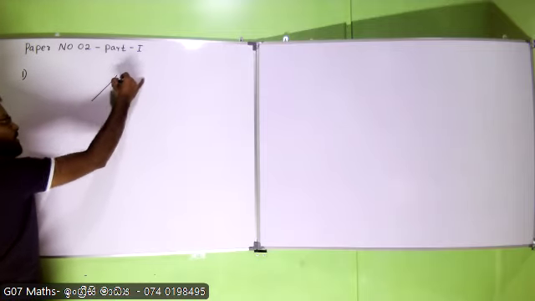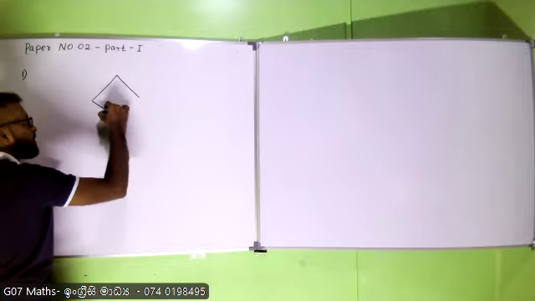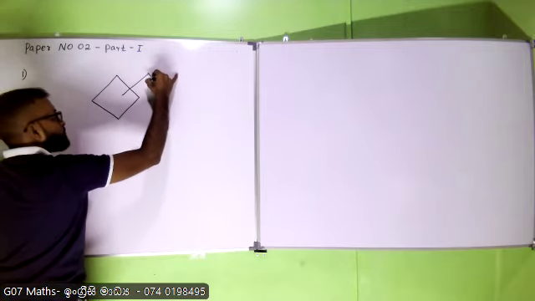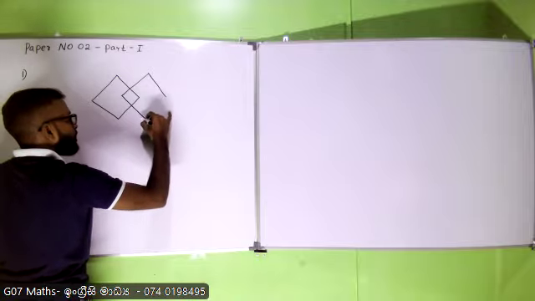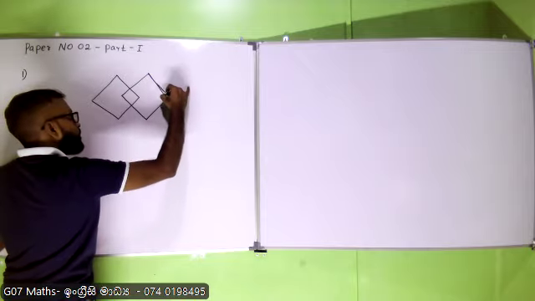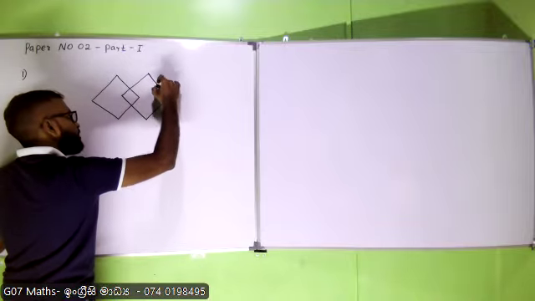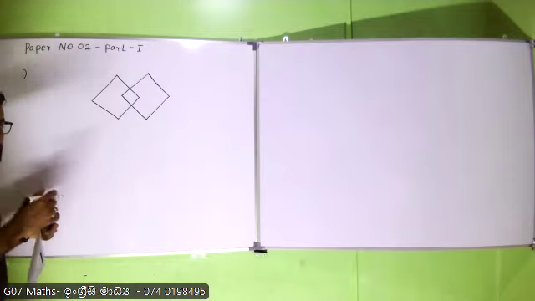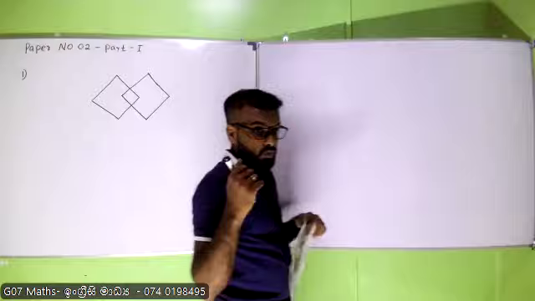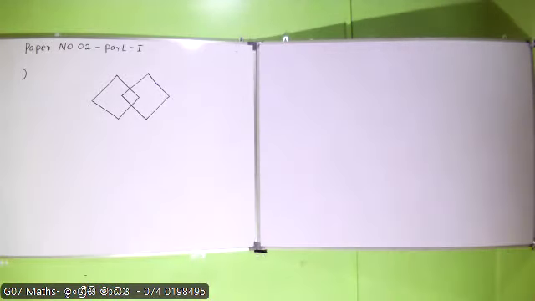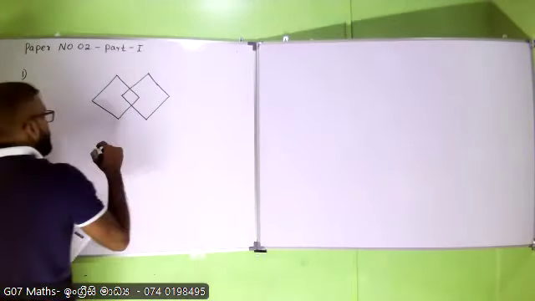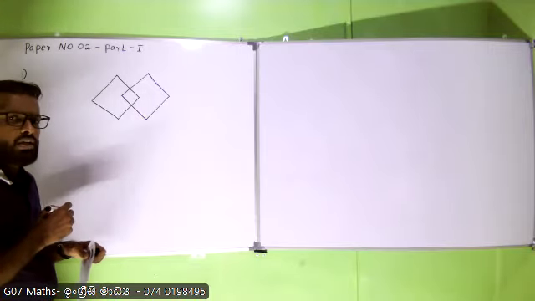Here you have been given a figure like this, some kind of picture that they have already given to you. So this is the picture, and it could be better if you can draw the symmetrical axis first.